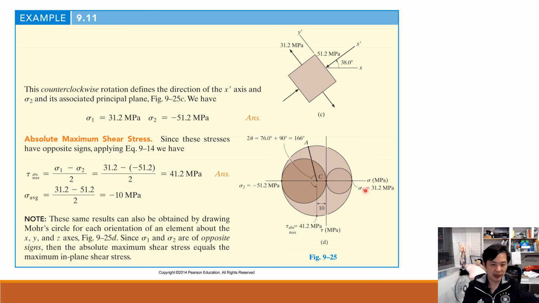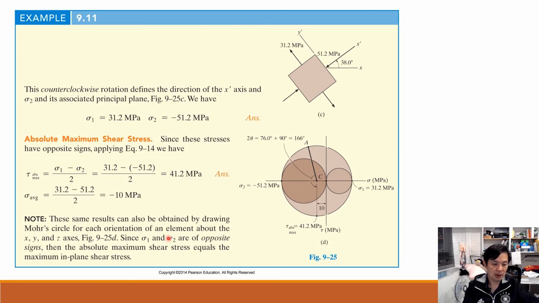After we have them, we find that the maximum shear stress is still our largest circle, and the radius would be 41.2, so that would be our maximum shear stress, 41.2. The normal stress would be minus 10.